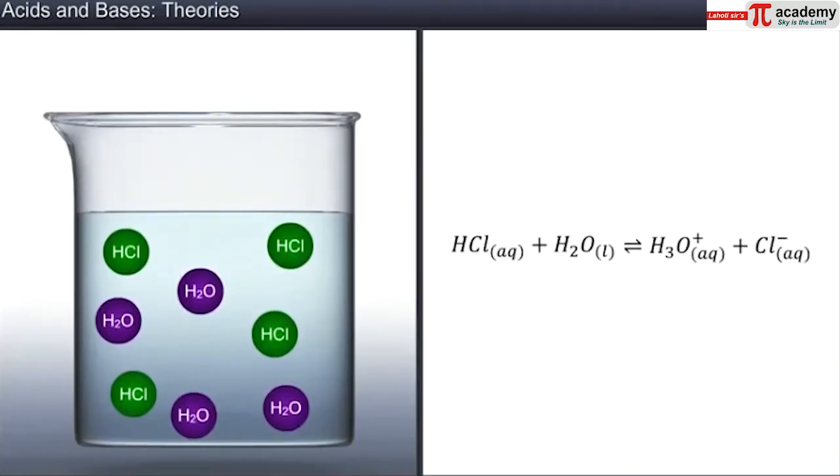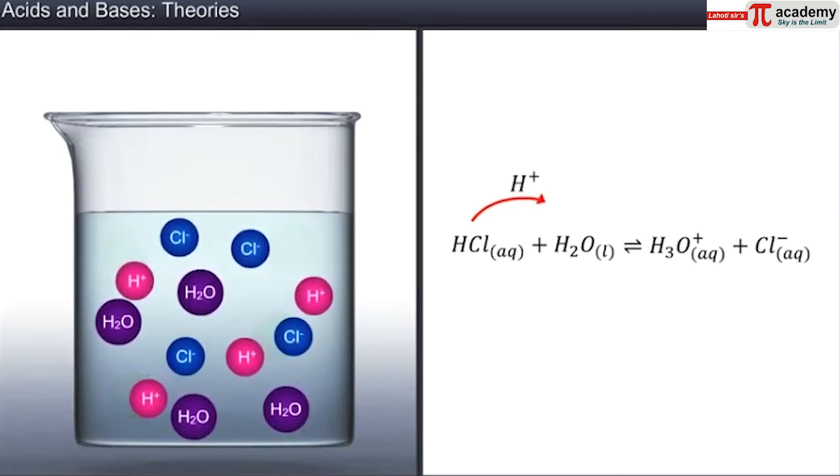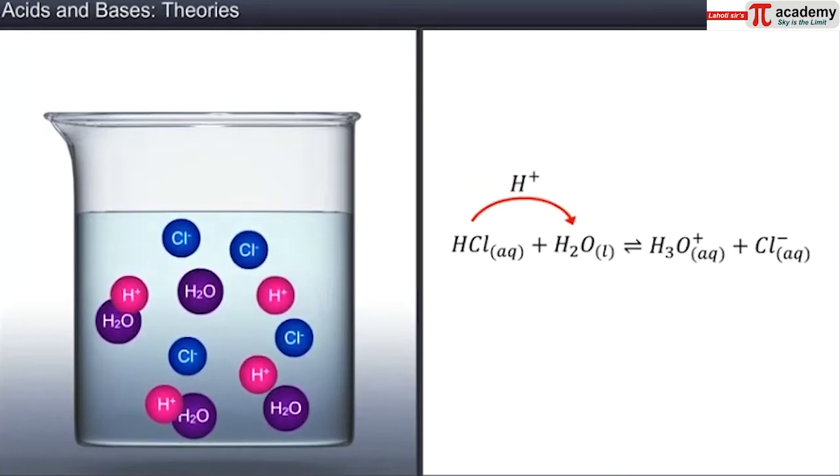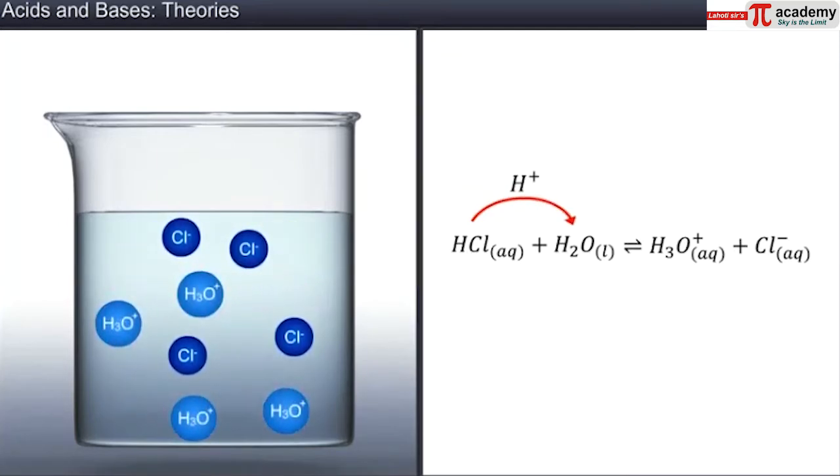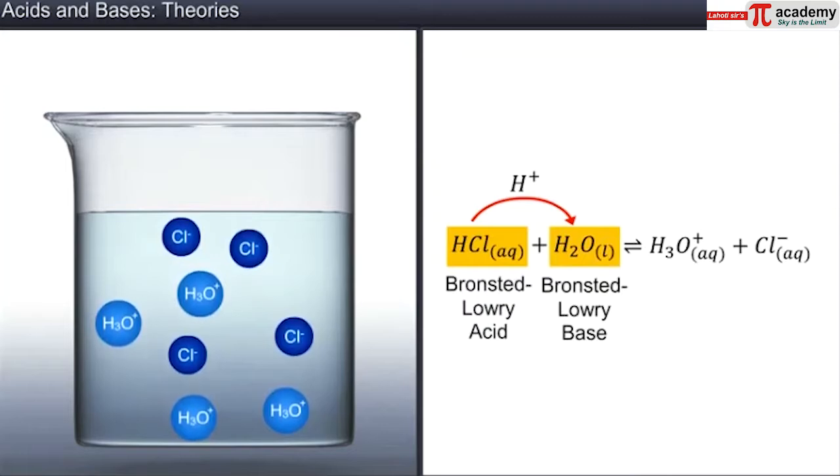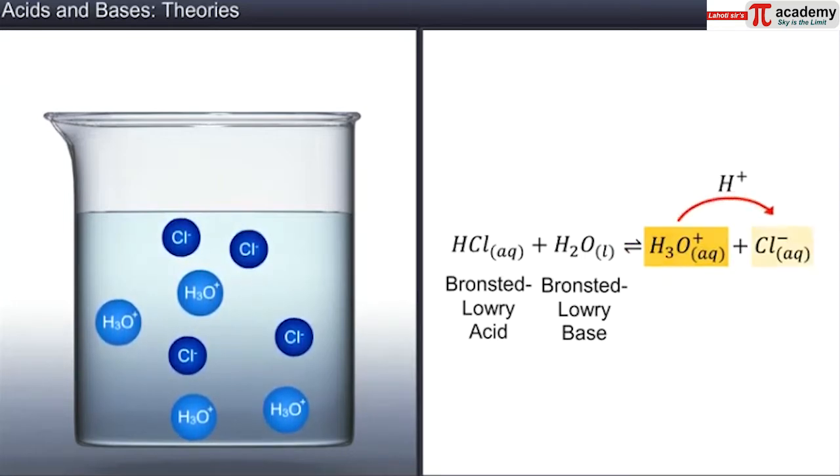Now, in the ionization of HCl in water, HCl acts as a proton donor and water acts as a proton acceptor. Hence, HCl and water are called Bronsted-Lowry acid and base, respectively. As you can see, in the reverse reaction, the H3O+ ion acts as a proton donor and the chloride ion acts as a proton acceptor.